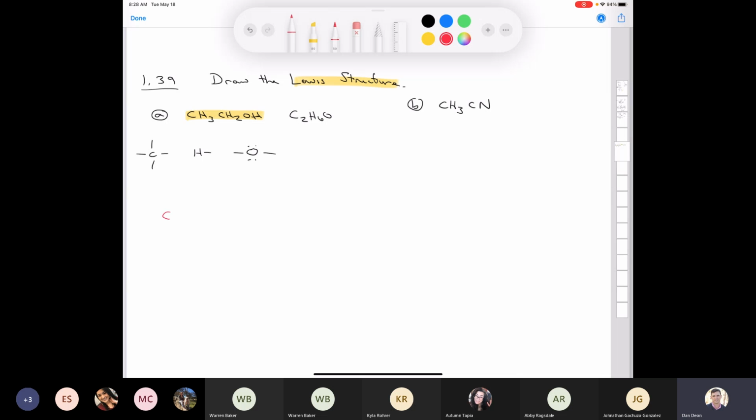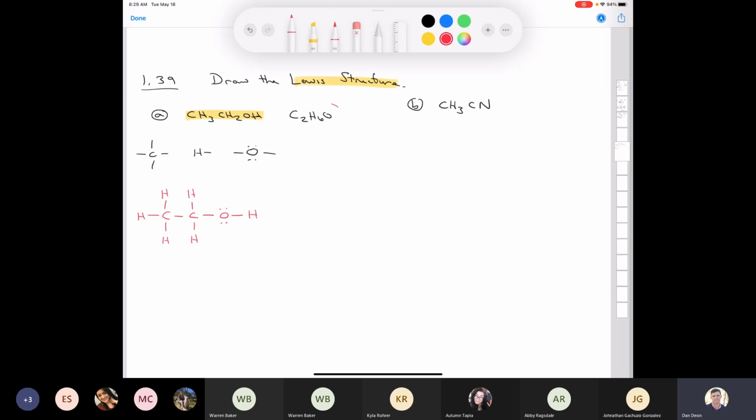We have a carbon with 3 hydrogens attached to it, a bond to another carbon, which also has 2 hydrogens bound to it. Then I have an oxygen, and lastly a hydrogen. I want to make sure to include my lone pairs.